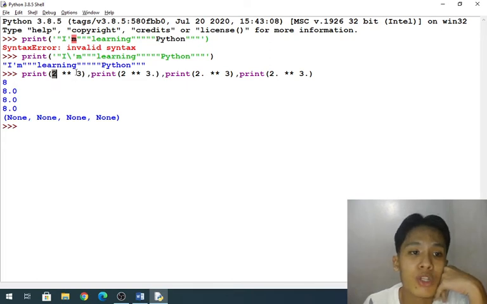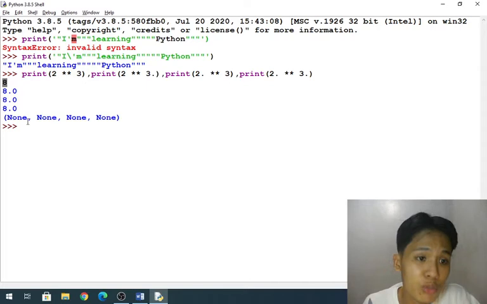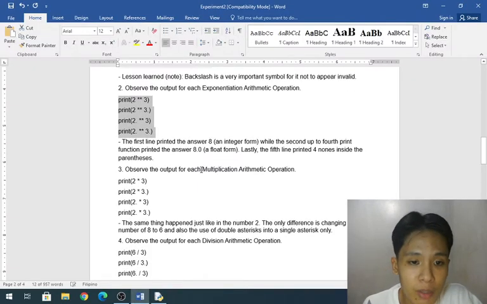So 2 raised to 3 was 8, and 2 raised to 3 also is 8, but with a 0.0, as well as 2 point raised to 3 is 8, 2 point raised to 3 point is 8. So we can see that it was also followed by none. So what can we hypothesize about this?